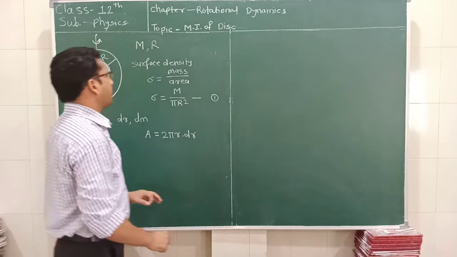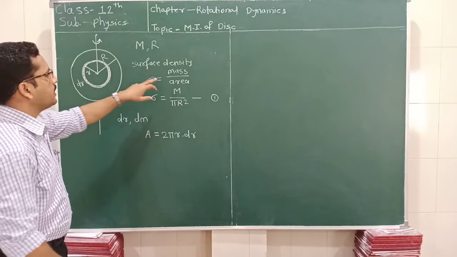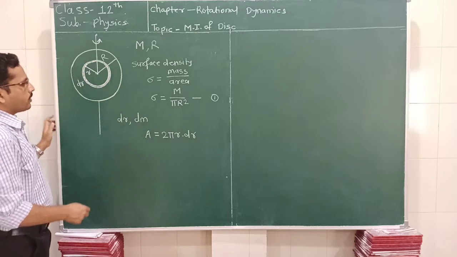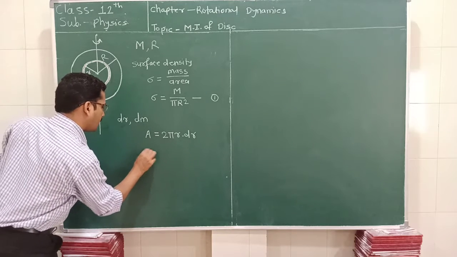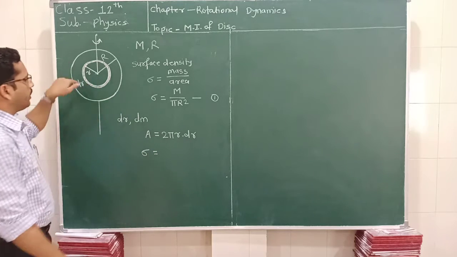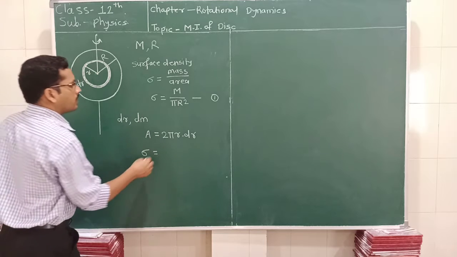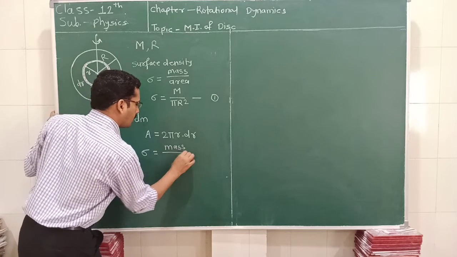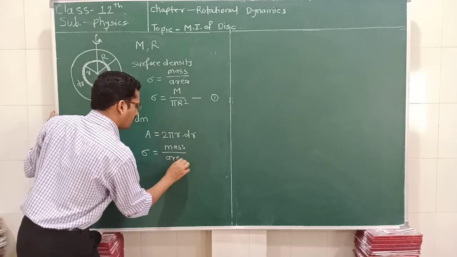Similarly, as we calculated the surface density in the case of the whole disk, now we are going to calculate the surface density of this elemental ring. What is sigma? Sigma is equal to mass divided by area.